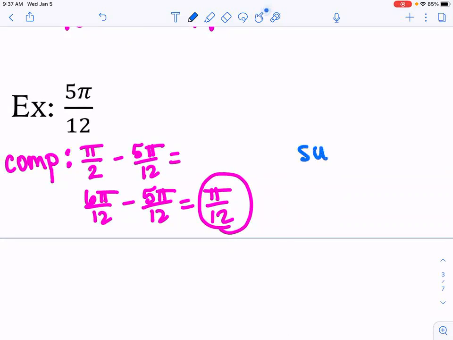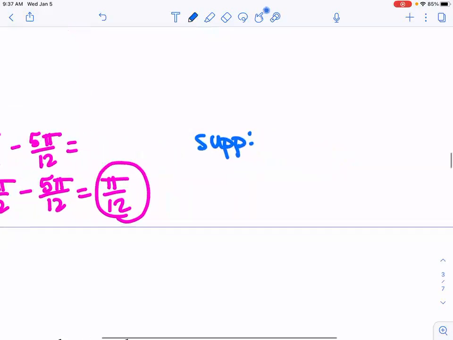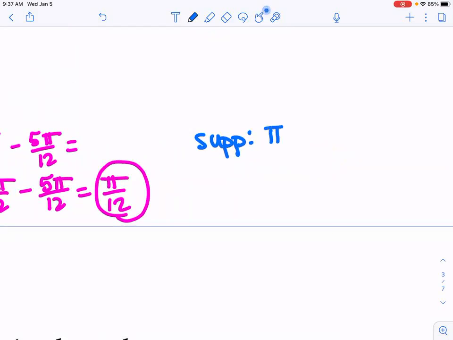Now our supplement. Two angles are supplementary if they add up to be 180 degrees or pi. So 5 pi over 12 plus what equals pi? Well, we're going to have to figure that out by taking pi minus 5 pi over 12. Now, some of you may be able to look at this and not actually write out the common denominator.